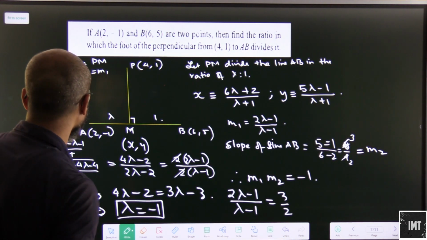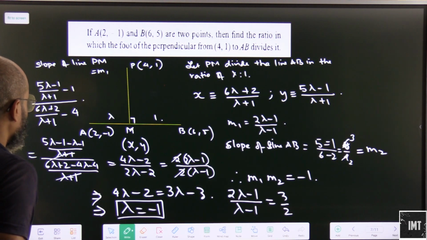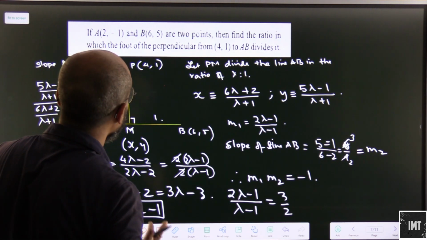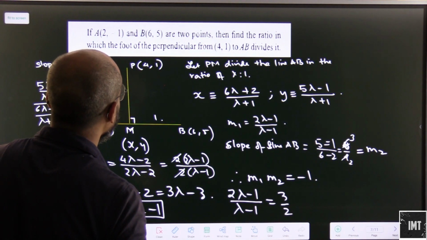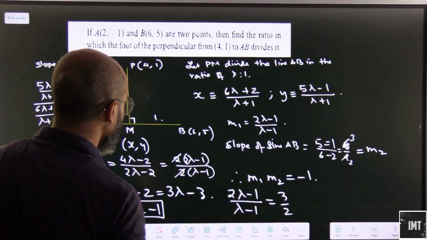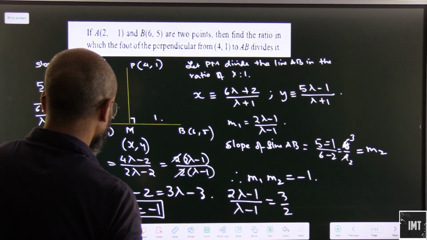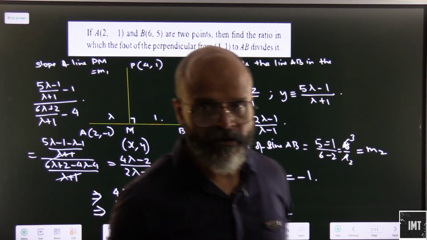That's going to be 4 lambda minus 2, and this will be 2 lambda minus 2. So that will be 2 into 2 lambda minus 1 upon 2 into lambda minus 1. The slope of AB is 5 minus 1 upon 6 minus 2, 3 by 2. There is something going wrong. Let me check here.